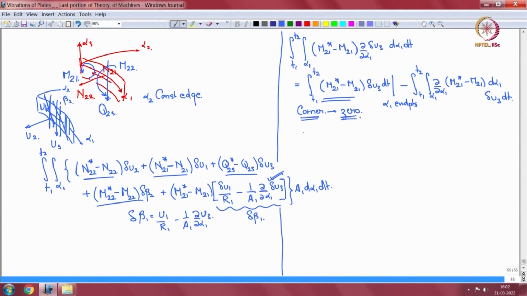So now we have broken this up into 2 pieces.